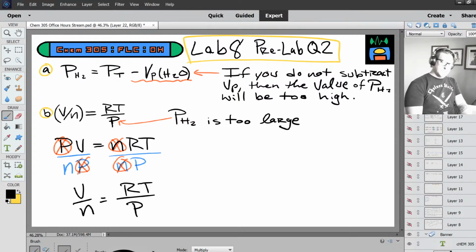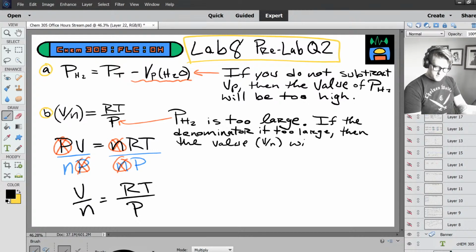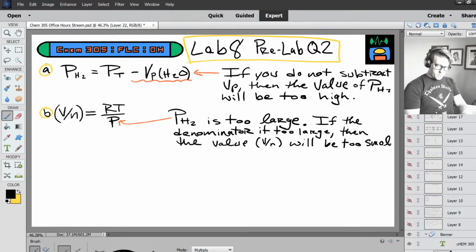That partial pressure is too large. When your denominator is too large, if the denominator is too large, then the value for molar volume will be too small. It'll be too small. So that is part B.